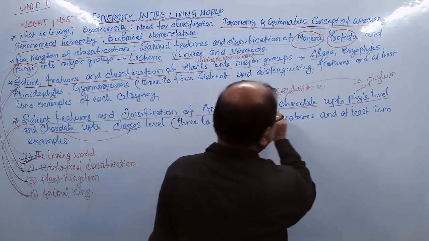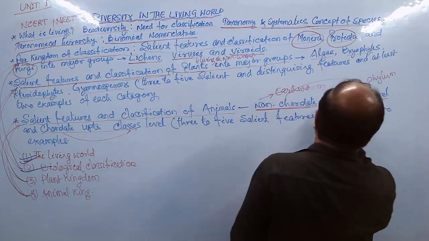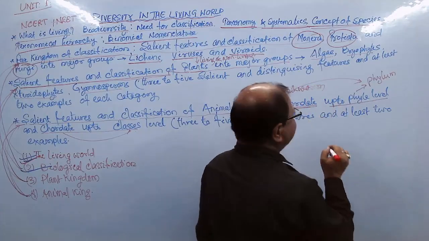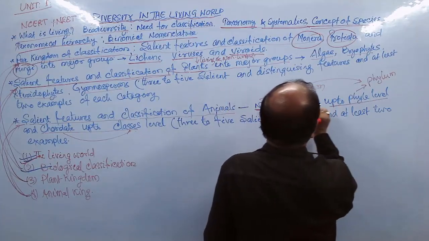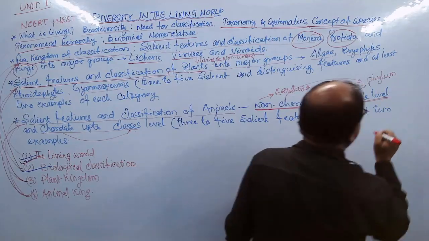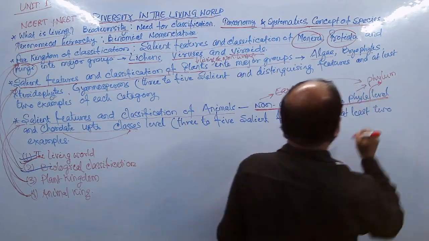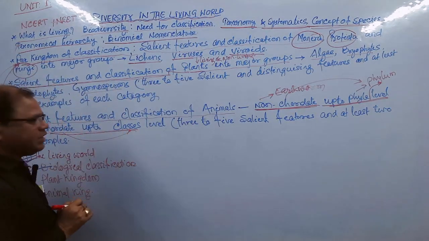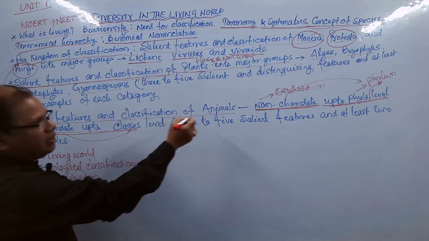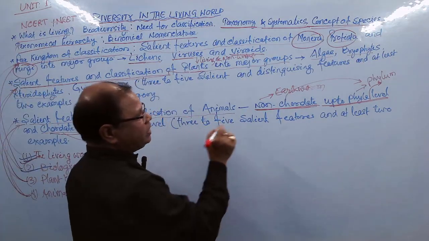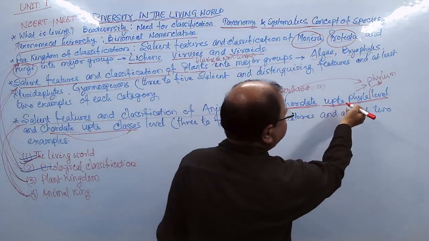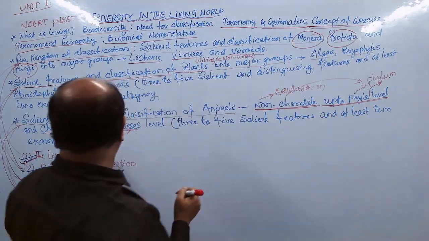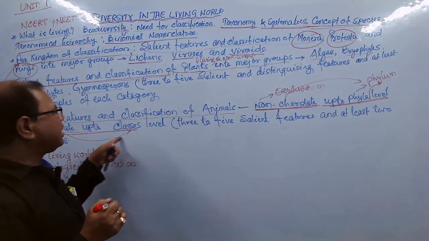Like chordates, up to phyla level we have to study according to NCERT. Non-chordates, we have to study at phylum level. And next, chordates, we have to study about class level. Keep in mind, dear students, non-chordates are studied up to the phylum level and chordates up to the class level.